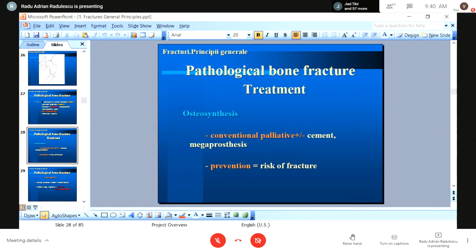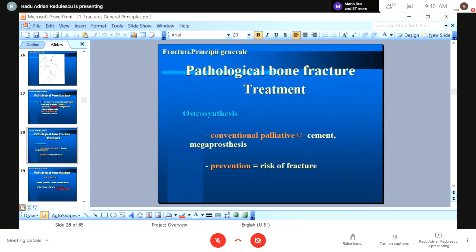We usually remove the tumor from the level of the bone, replace that area with cement, of course, surgical cement, special cement, and also fix the bone by osteosynthesis with different means of fixation like rods, plates, screws, whatever is fit for that area of the bone.